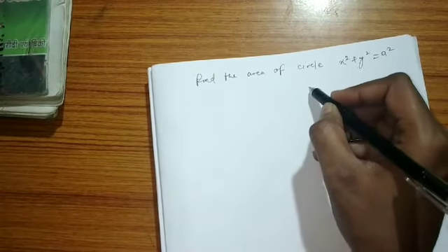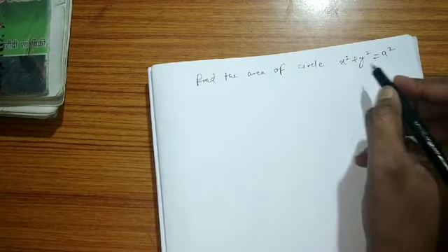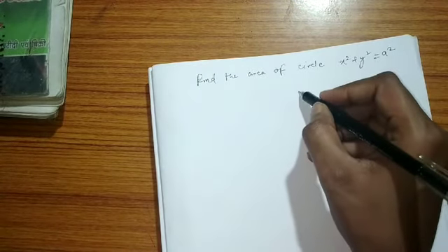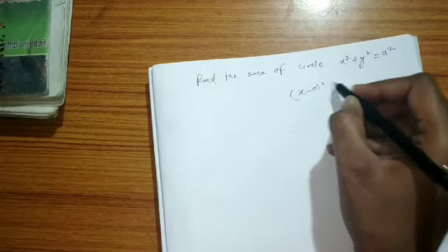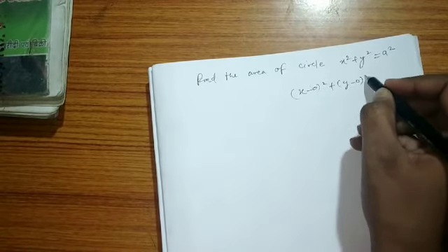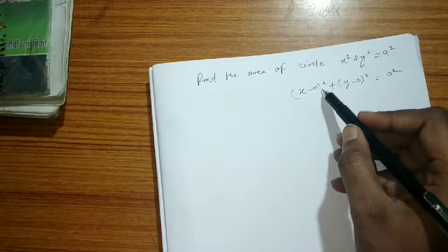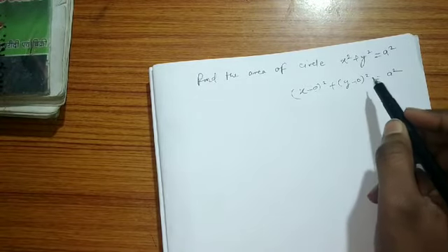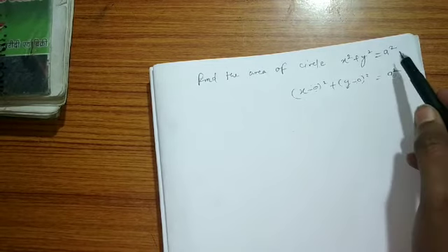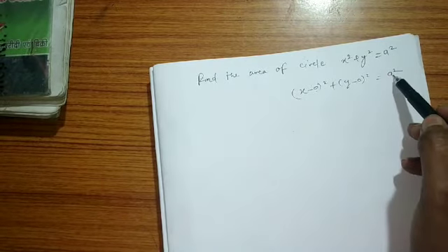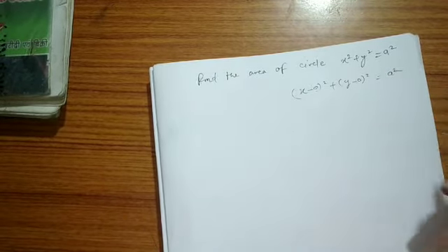The center is the origin, because if we write this equation like (x − 0)² + (y − 0)² = a², we can easily see that the center of this circle is the origin, and the radius of this circle is a.